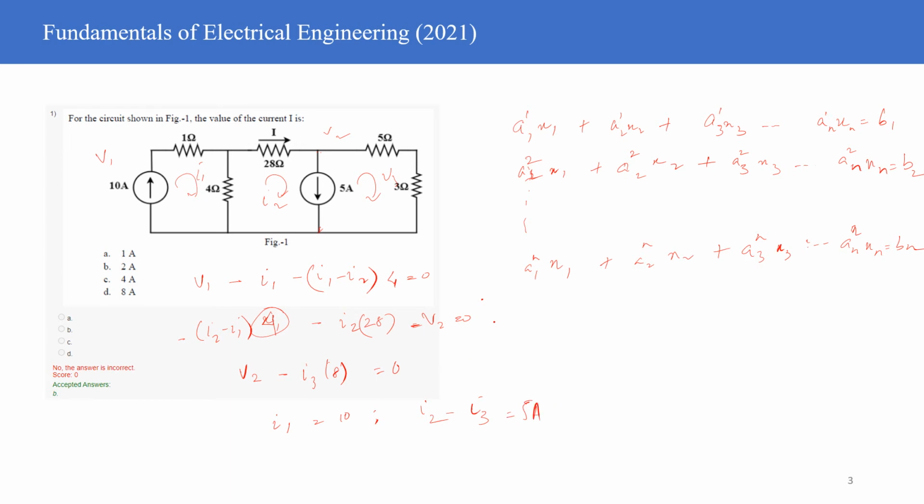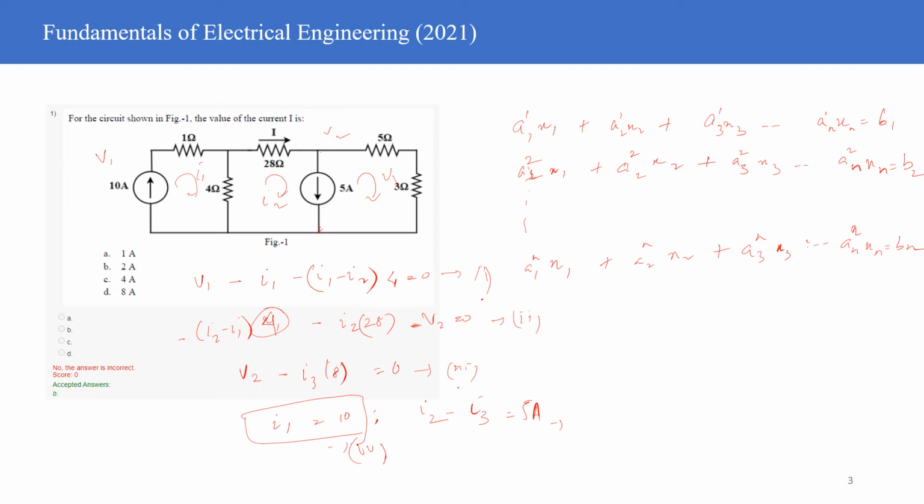So in total, we now have 5 equations and 5 variables. Or you can say 4 equations, 4 variables, because it is simply evident that I1 is equal to 10 amperes. So no big deal here. You can solve these 4 equations using your basic algebra and then figure out the value of each of these variables.